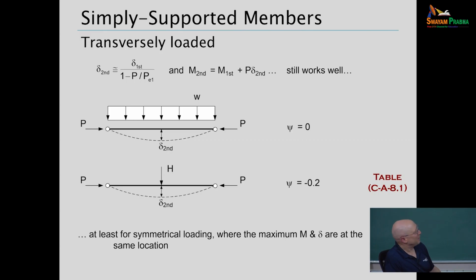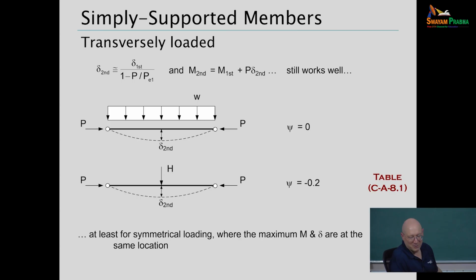So we use that same development, a very simple algebraic development. All we did was say we need equilibrium in the deformed geometry, so it's M first plus P delta, and then we put in some approximations for the amplification of the displacement. That got us to the psi formula.